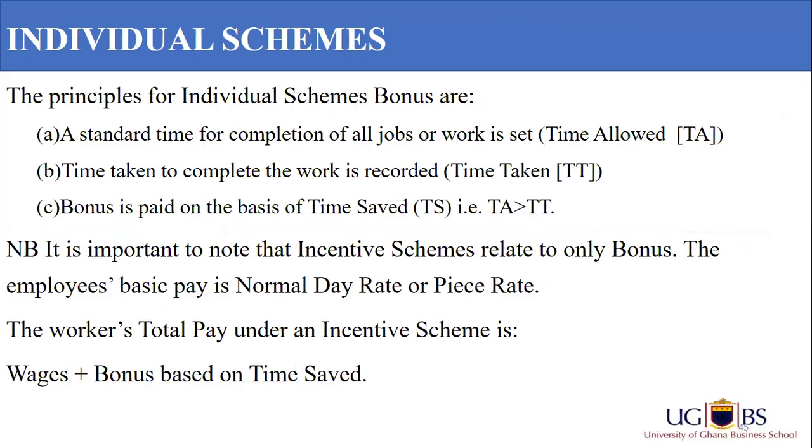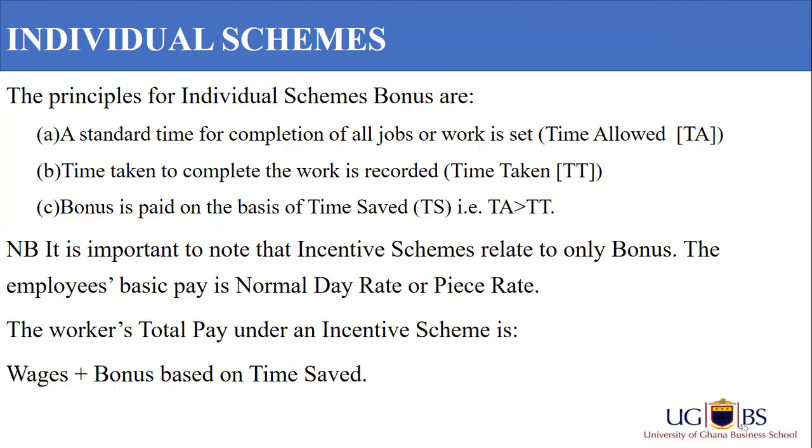So, the principles for individual scheme bonuses. If you want to be paid a bonus, then you are supposed to work fewer hours than the hours that have been given to you. So if you are allowed to use 40 hours to work and you use 36 hours, then the time saved will be your bonus time.